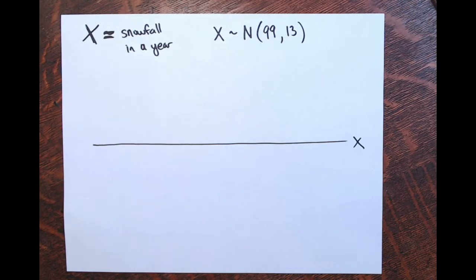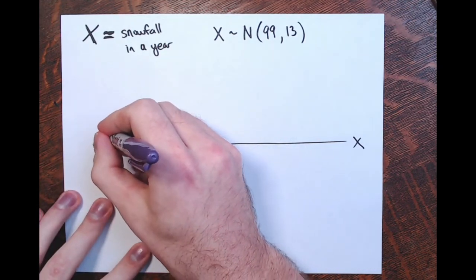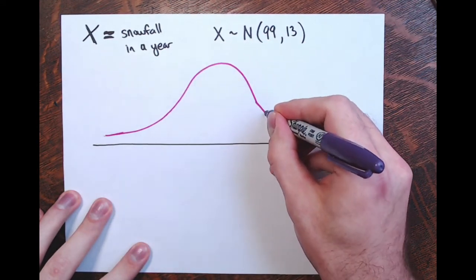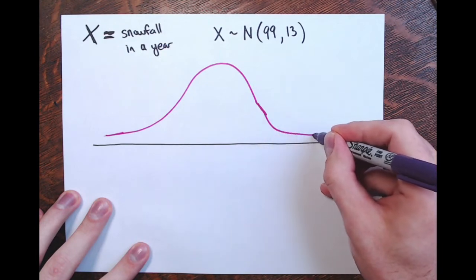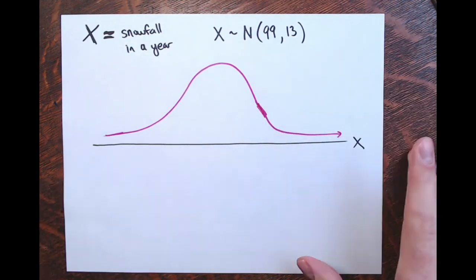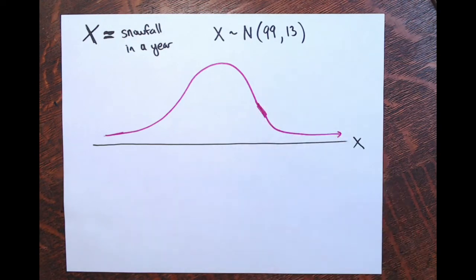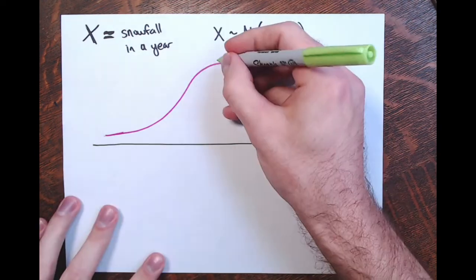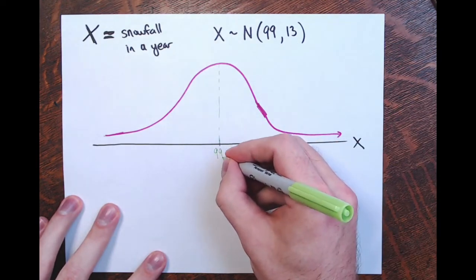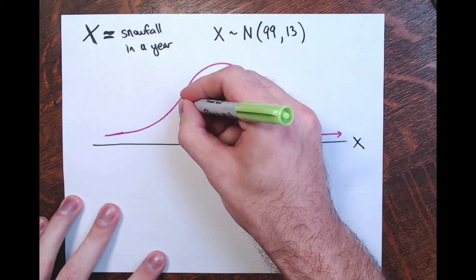The distribution, symmetrical bell-shaped curve above this. Oop, I had a groove in my table. Sorry about that. I'm drawing this on some wooden table here. A little divot there. The mean, right, the value underneath the peak, that's 99 inches of snowfall, and then these inflection points on both sides.